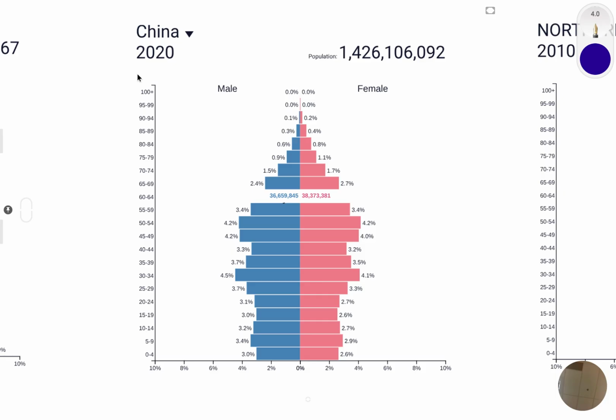Okay, so you might know that in China they had this deal called the one-child policy because they were worried that their population was getting too big and they wouldn't be able to sustain it. So they're like, hey, we've got to cut down on the babies.